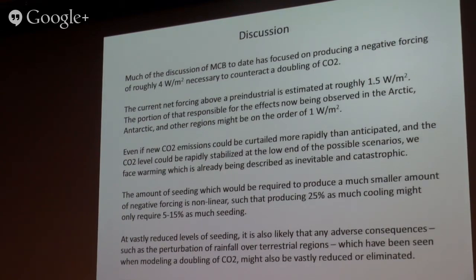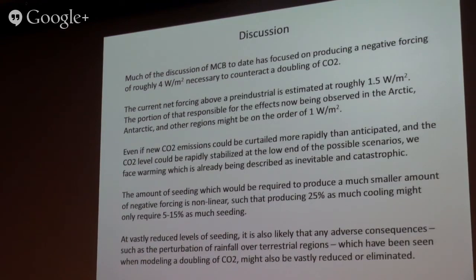Much of the modeling up to this point has focused on doubling of CO2, partly because the climate models themselves work very well mathematically if you double CO2. I think this may be one of the problems with the press that climate intervention gets, because we talk about a doubling of CO2 so much that it almost seems as if we're validating that that's okay.